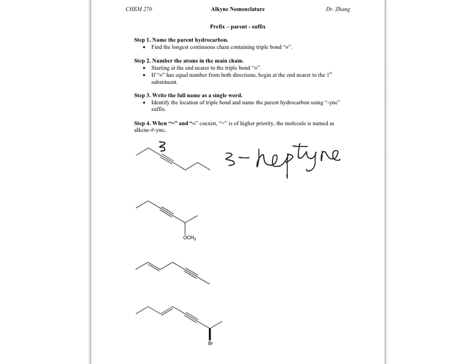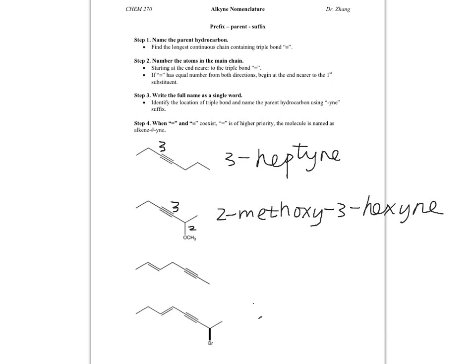Therefore, the numbering of the main chain would be 1, 2, where the substituent is at, 3, 4, where the triple bond is at. So the name of this compound would be 2-methoxy-3-hexyne.